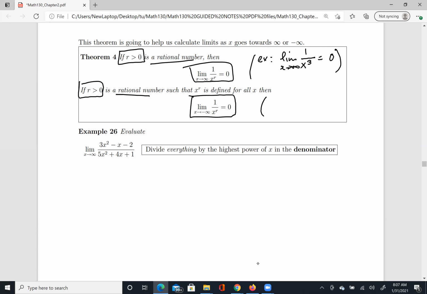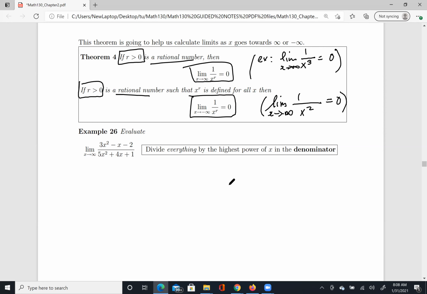So let's say the limit of 1 over x to the power 2, x goes to negative infinity, and it's also going to be 0. We're sure that in theorem 4, r has to be greater than 0.